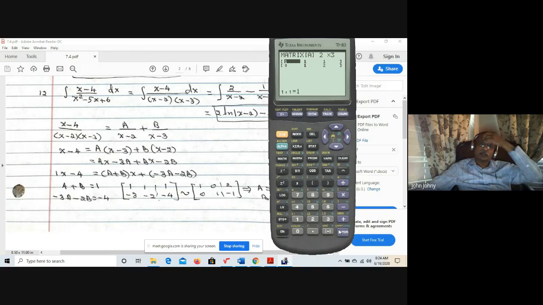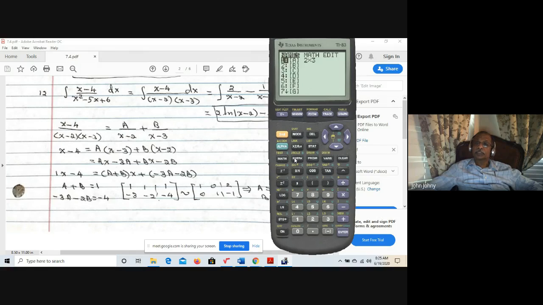Enter the numbers 1, 1, 1, negative 3, negative 2, negative 4. Quit, matrix. Matrix A is highlighted. Make sure that the numbers are right: 1, 1, 1, negative 3, negative 2, negative 4.